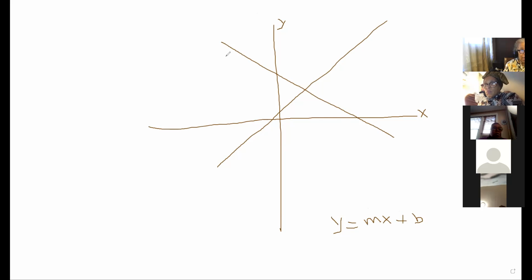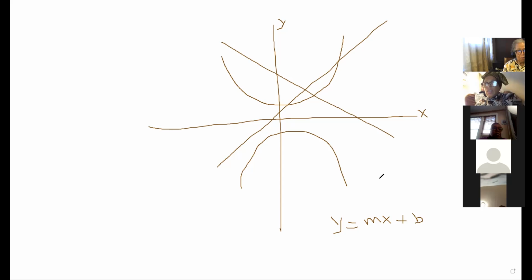Now, when we have this drawing, like this, or like this, what is that called, Mercedes? Quadratic. That's right, a quadratic. And how can you tell a quadratic from the equation?